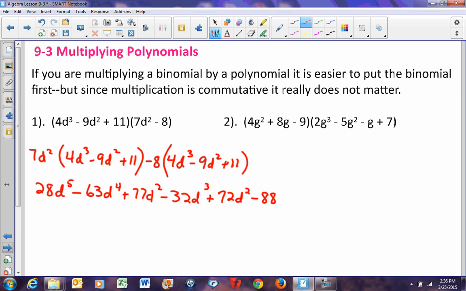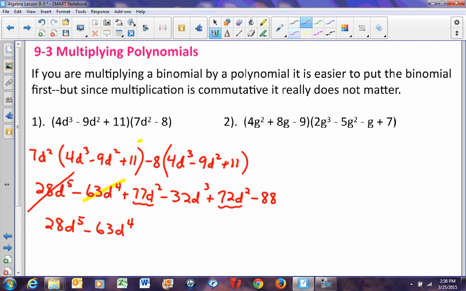Now let's combine like terms. Now we have 1d to the fifth, so 28d to the fifth. That guy's gone. I only have 1d to the fourth, so negative 63d to the fourth. That guy's gone. Then I have a 77d squared and a 72d squared.